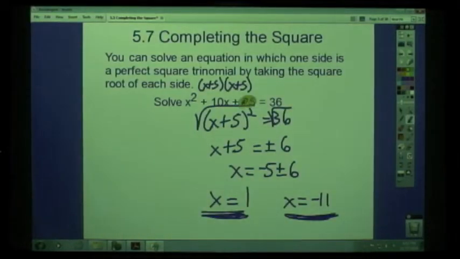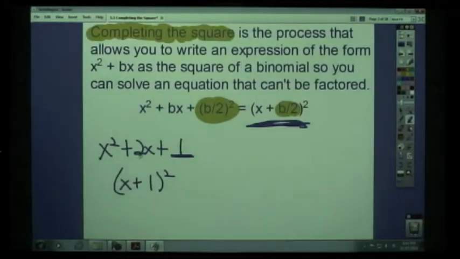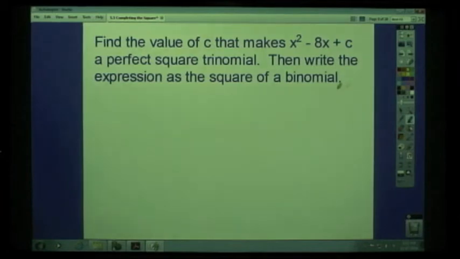Even though on these two, Mr. Harrison gave them to you, now you're going to have the skills to be able to do it yourself, to figure out what number needs to be here. Okay? So, if you need to pause the video here so you can copy down some stuff, that's fine. Then we're going to take a look at now you trying it on your own.